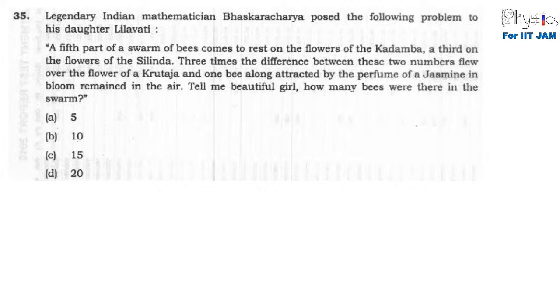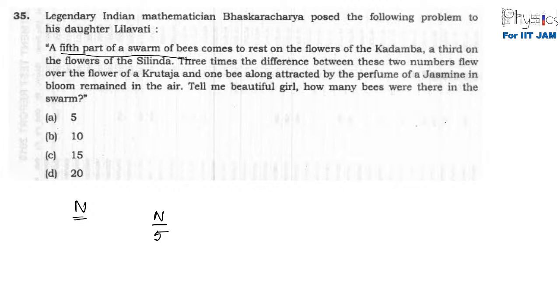Here, first of all, suppose the total number is n. It is said that a fifth part of the swarm of bees, that is n by 5, come to rest on the flowers of kadamba.